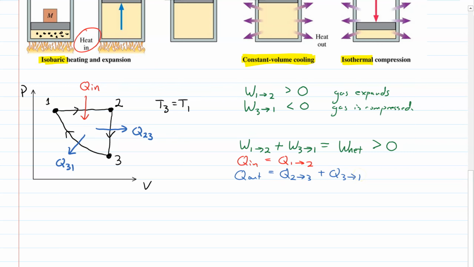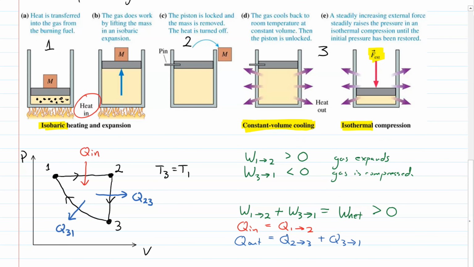Okay. So that's an example of a simple engine. It's a cyclical process. You can do this many times, over and over again, and every time you do it, you take some heat in from this hot reservoir, and then you do some work, and then you exhaust some heat into this cold reservoir. Okay.